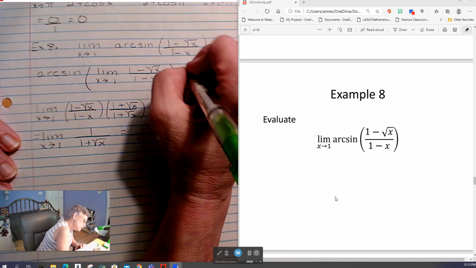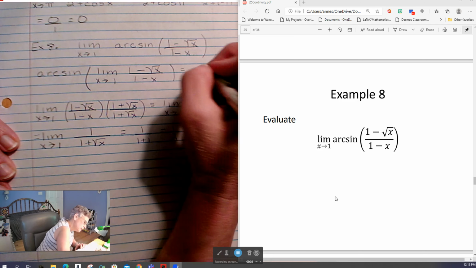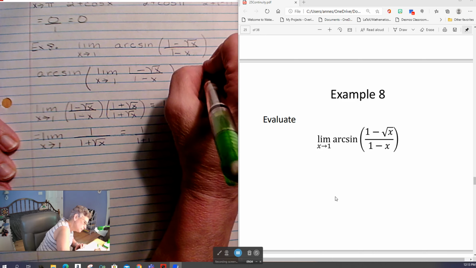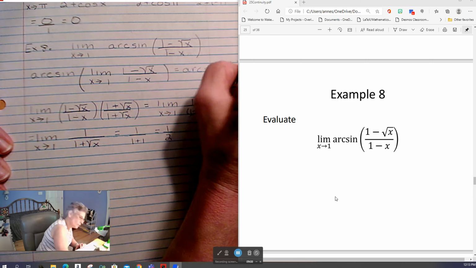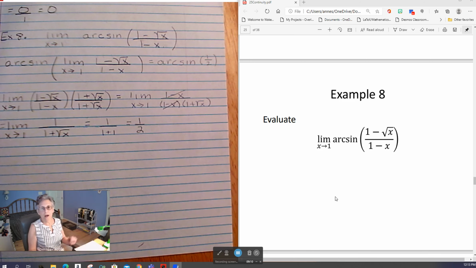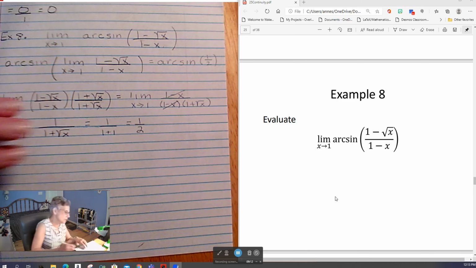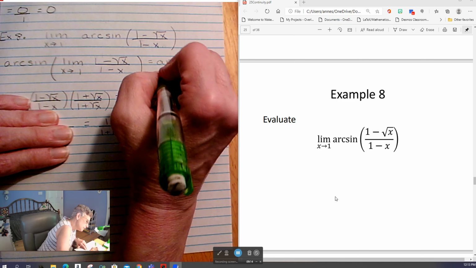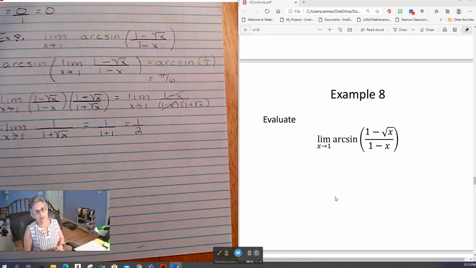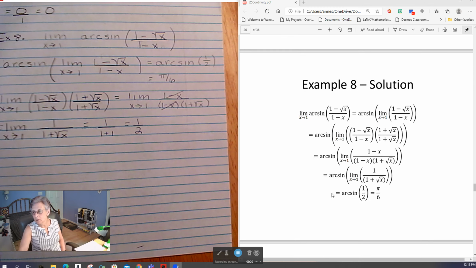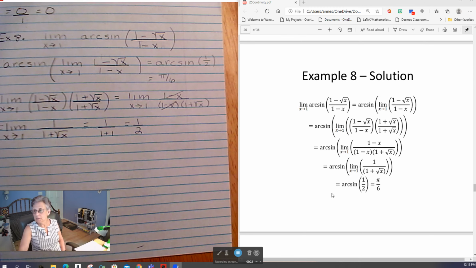So this limit is equal to the arc sine of 1/2, and the arc sine of 1/2 is pi over 6. And here's the pretty answer.